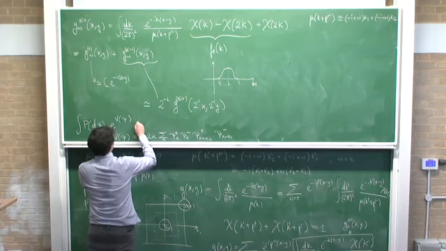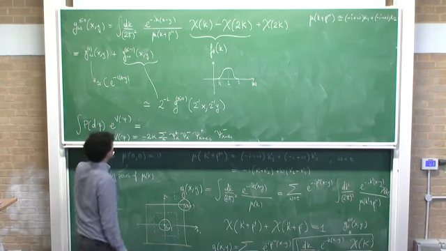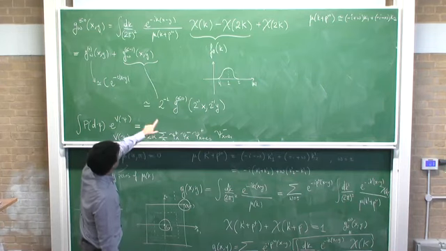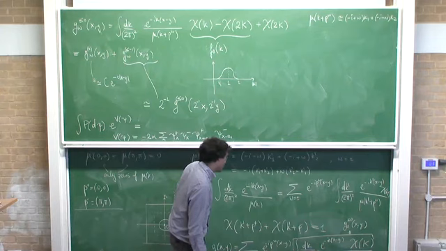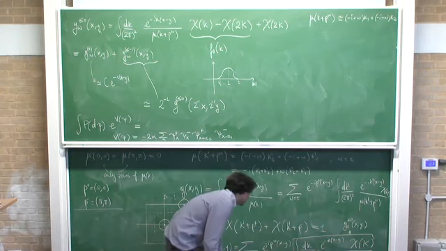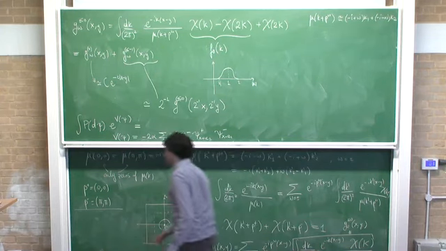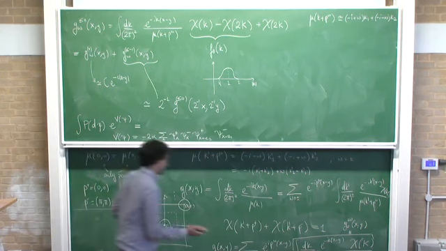Let me just rewrite. First of all, we want to rewrite G as a sum of 2 g omegas.